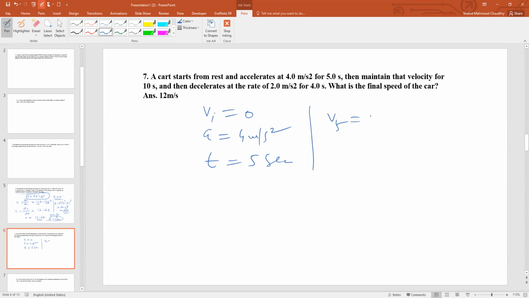Find the velocity. Vf equals Vi plus at, so Vf equals 0 plus 4 into 5, which is equal to 20 meters per second.